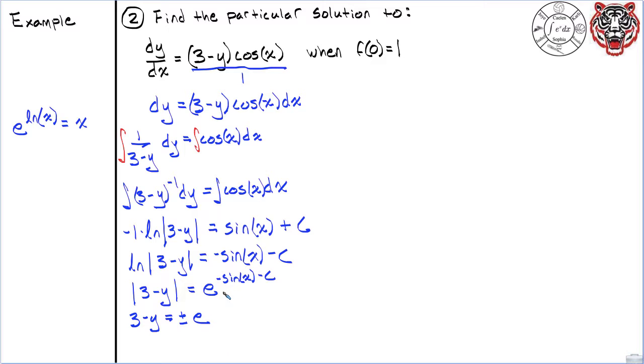And I'm going to change the form here because it's going to make it easier for me. I'm going to change this to plus or minus negative sine of x, and then this is going to be times e to the negative c. This is just one of the rules of exponents that you need to remember, especially when it comes to dealing with natural logarithms. You'll almost always use this trick.